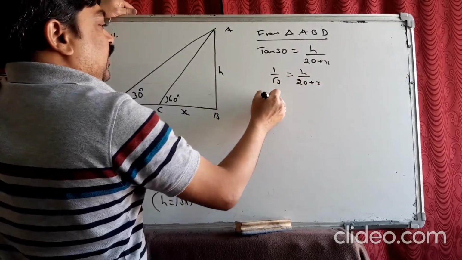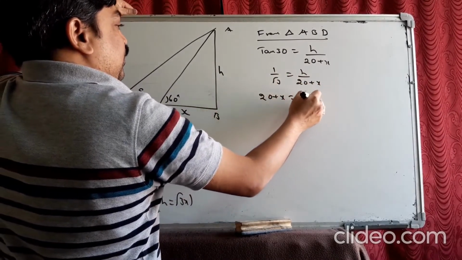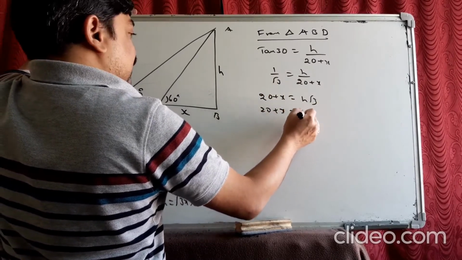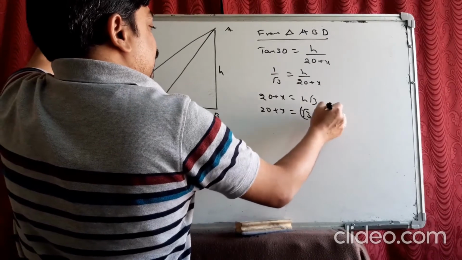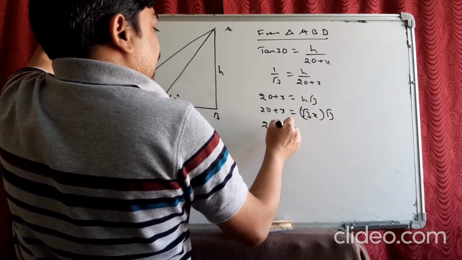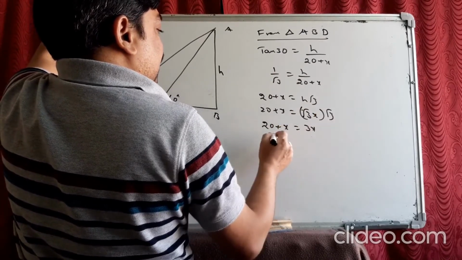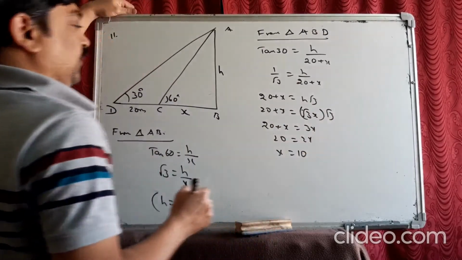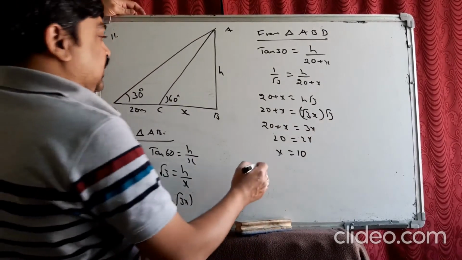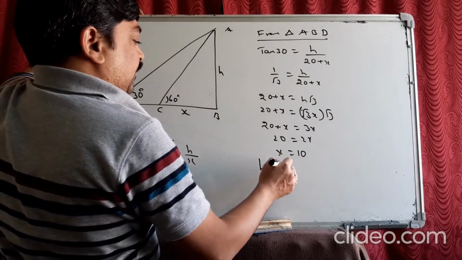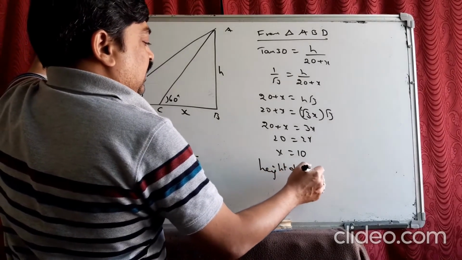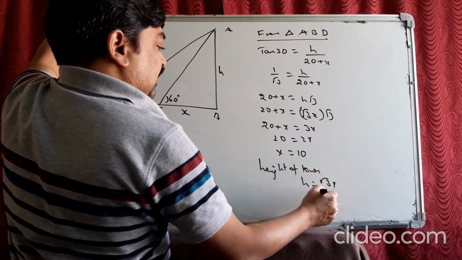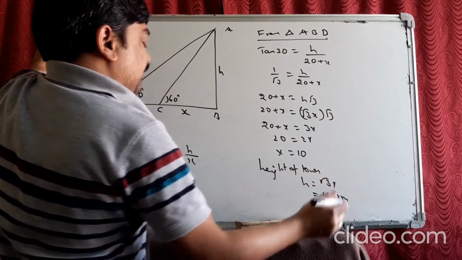Cross multiply: 20 plus x is h root 3. 20 plus x is equal to root 3 x into root 3. So 20 plus x equal to 3x. 20 is equal to 2x. x is equal to 10. When you get the value of x, then height of the tower h equal to root 3 x, that means 10 root 3 meters.